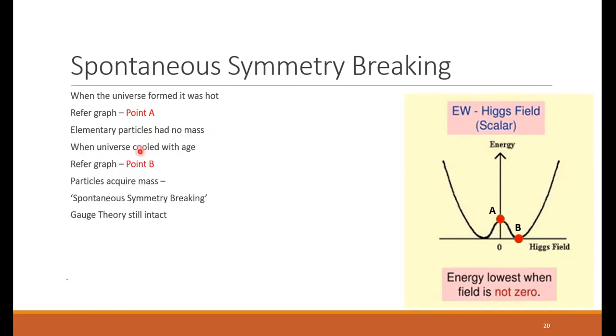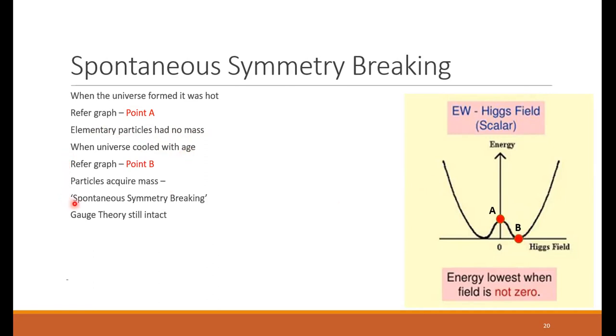Now, as the universe cooled with age, we went to point B on the graph, and the energy went down because the universe cooled, and the Higgs field now has a non-zero value. The Higgs field has become active. It has started interacting with the fundamental particles, and now all the particles acquire mass.